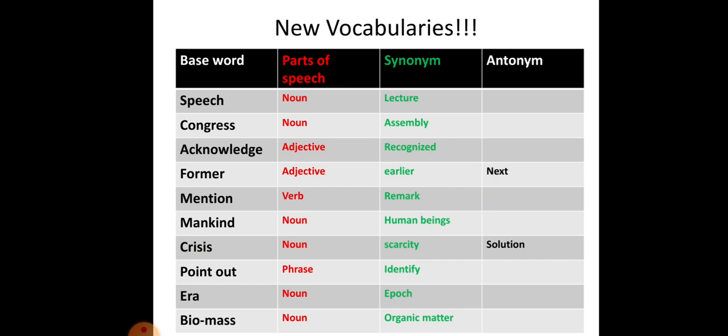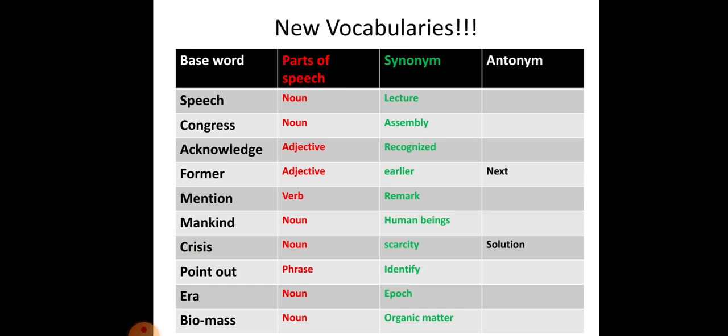Here the new words start from speech. Yes, this is a speech. This text belongs to a speech of a very renowned person, APJ Abdul Kalam. Yes, you know the name, the former president of India, and this text has been picked from a speech.